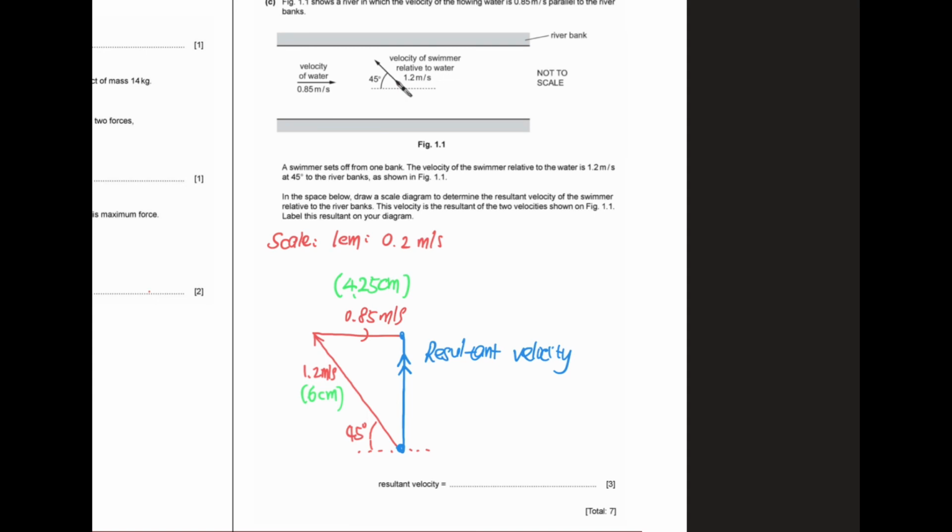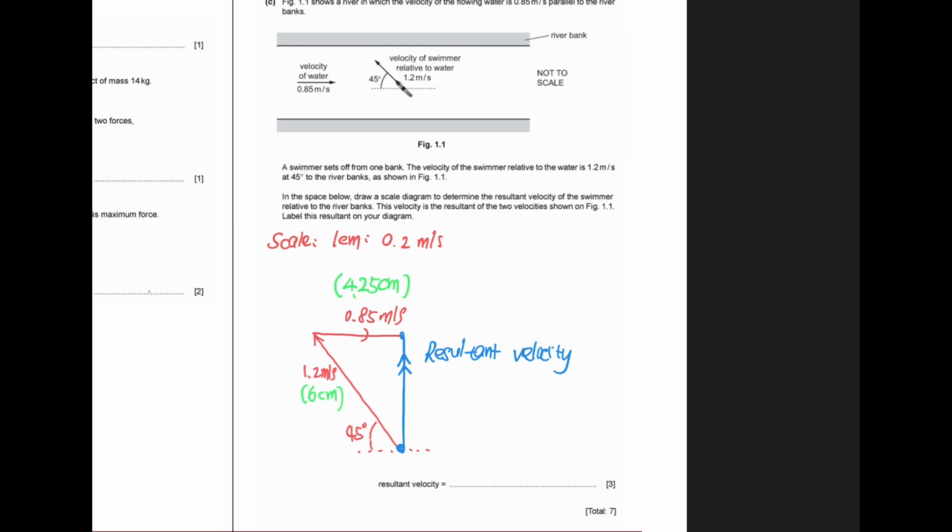You can use Pythagoras Theorem if it is a right angle triangle. From what I did here, where I drew it accurately, I realized that this is actually a right angle triangle.